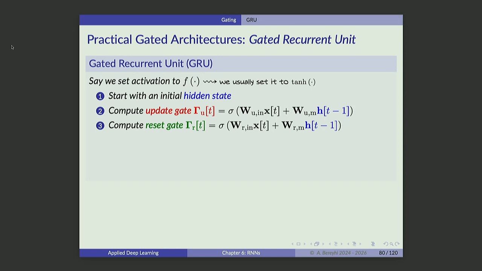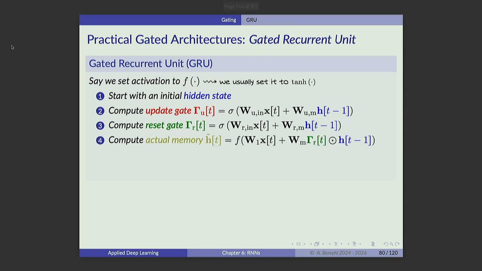It's going to get updated on its own, so they are not sharing weights, okay? Now, this update gate is looking at the input and previous hidden state, and it's going to compute some gating variable, right? The reset gate is also looking at the input and the previous hidden state, and it's computing another gate, right? Now you're going to use these gates to specify your output.